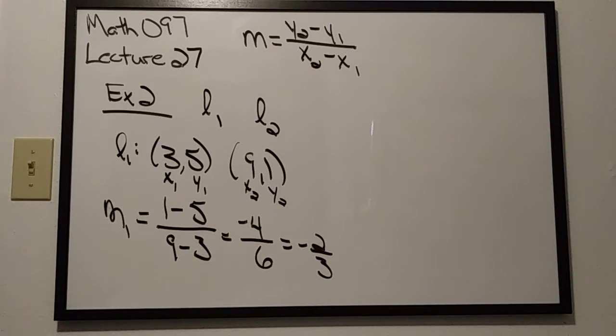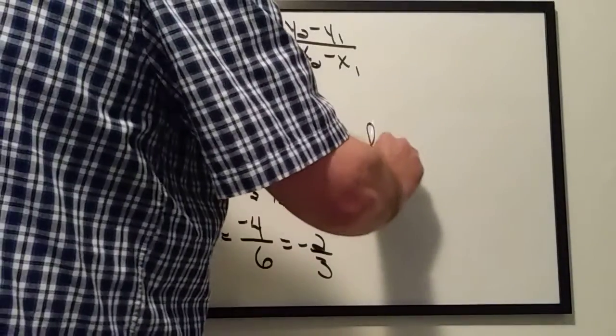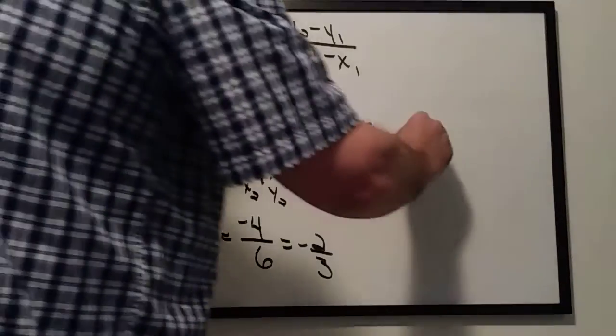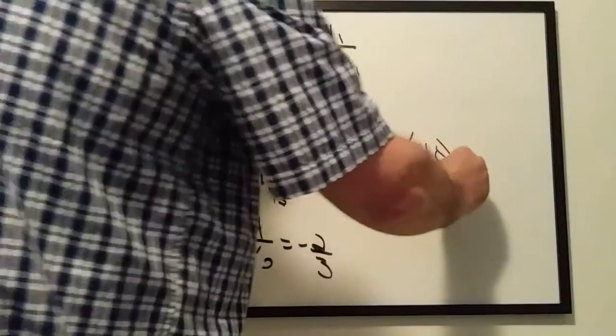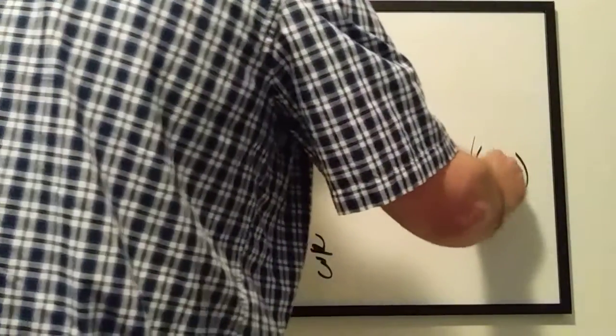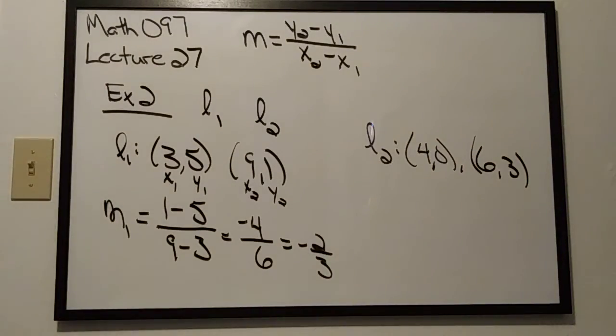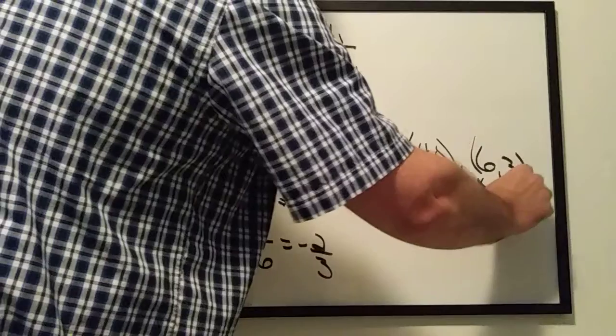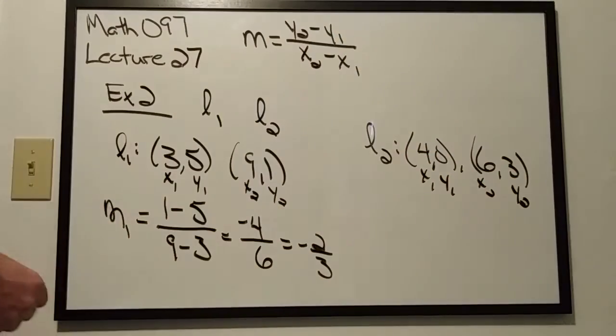Well, now that we know that, let's go ahead and see what we know about line 2. The author has told us that line 2 has 2 points on it as well, and those 2 points are (4, 0) as well as (6, 3). Once again, you choose who's point 1, who's point 2, and then move forward. I'm going to call this point 1, I'm going to call this point 2, and I'll do some subtractions here.